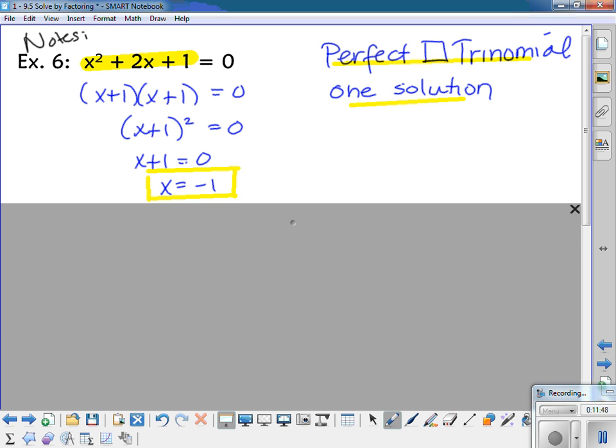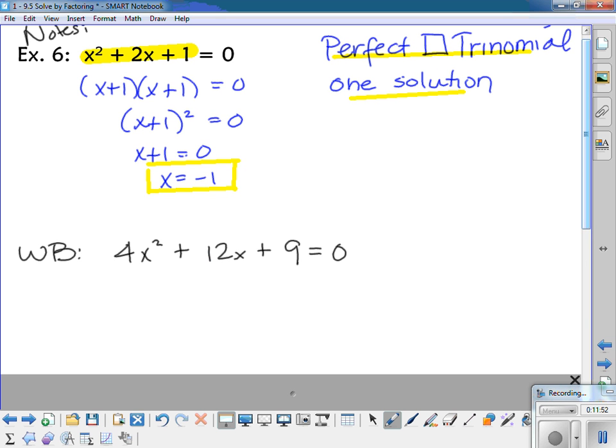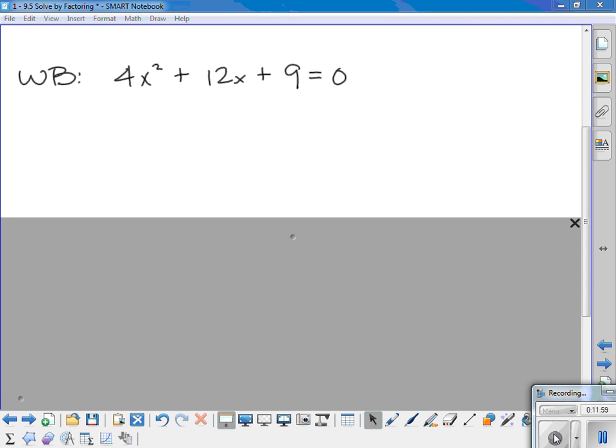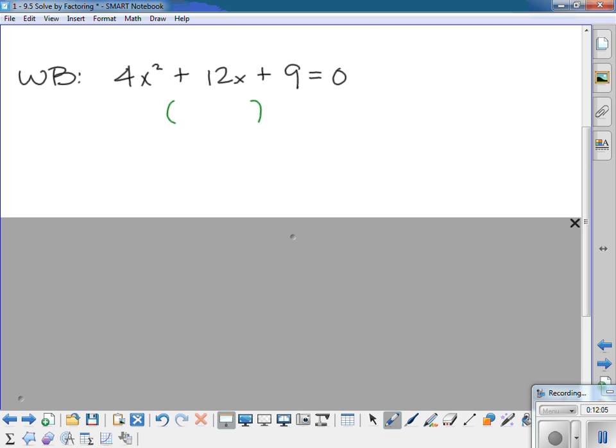Okay? So here is one for your whiteboards. Okay, so was this a perfect trinomial? Yes, it was. What was it? I meant the factoring of it.